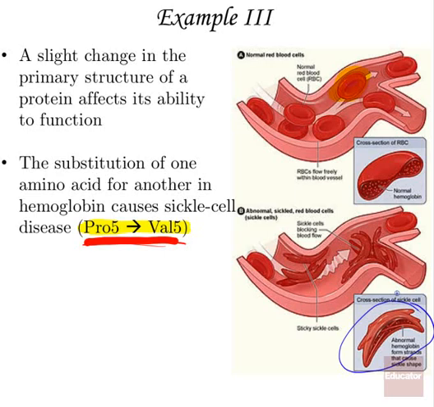So they can block small capillaries and veins and cause blockage, which can cause pain or possibly even death. So this can come from just a single substitution in a single protein, so a single amino acid substitution.